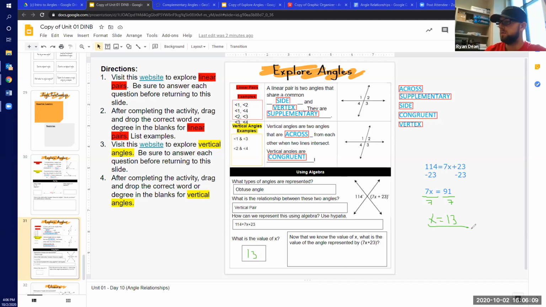Now that we know the value of x, we want to plug it back in here. Again, this is all just to verify that this angle is also 114 degrees.